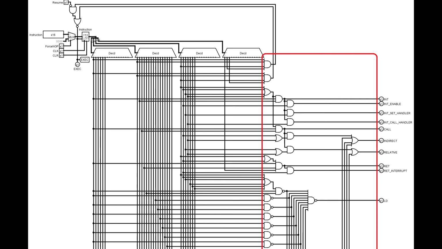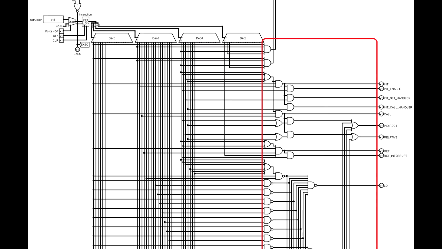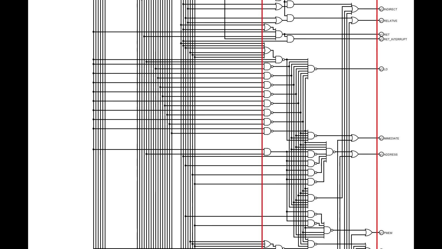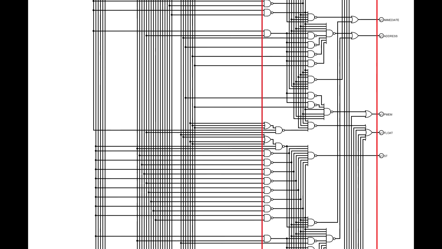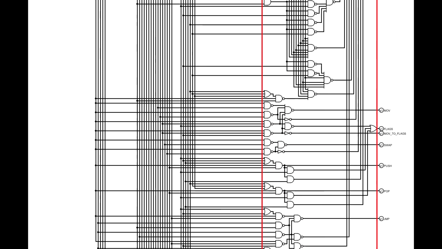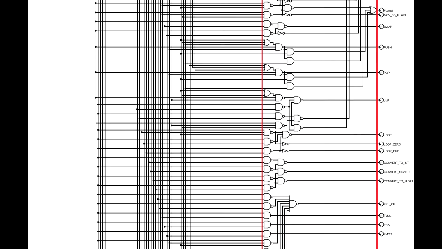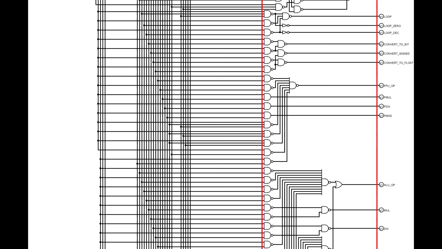Immediately to the right of the decoders and below them are several columns of logic gates that take one signal from each of the 4 decoders and produces a decoded instruction. Most instructions only take signals from 2 or 3 of the decoders, with the rightmost decoder results being ignored.